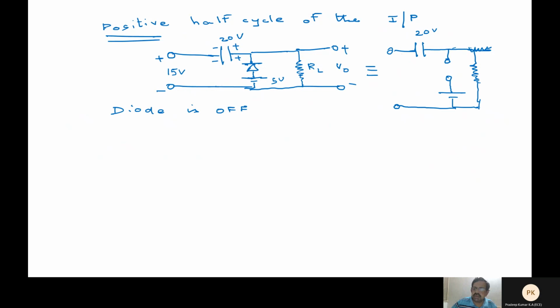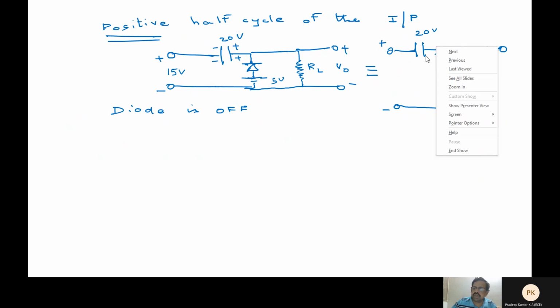So it will be like this. And here it is the output. So RL is connected in this fashion. So this is positive, this is negative. The discharge current, what will it flow through? It will flow through in this direction.